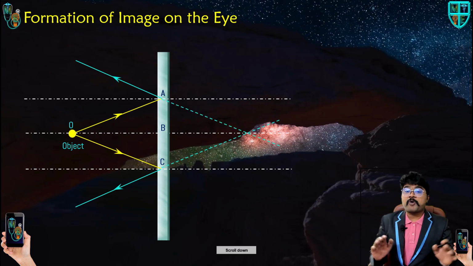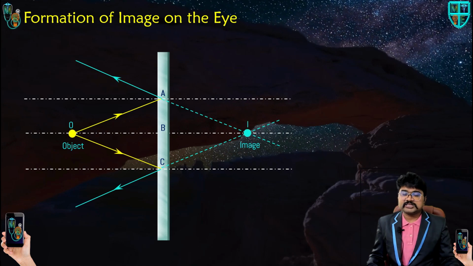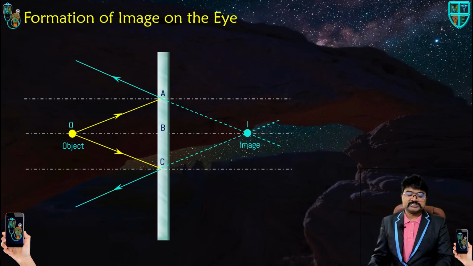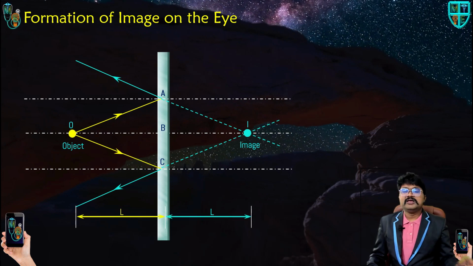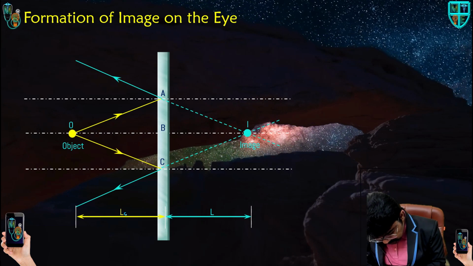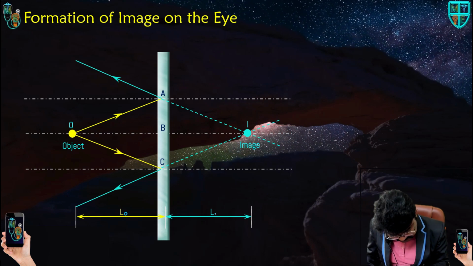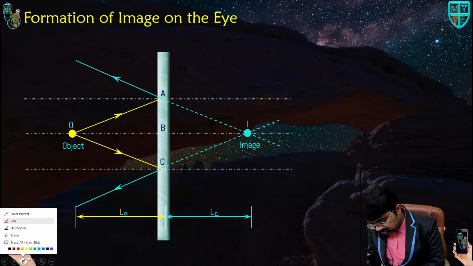Now I can say the point of intersection of reflected rays is nothing but the image. This is the image. Initially we can take this as the object distance Lo, and this is the image distance Li.